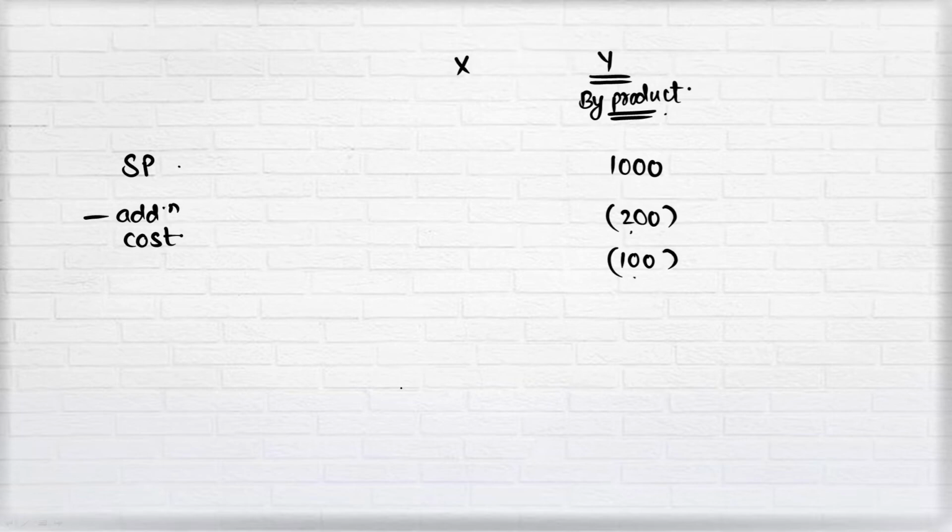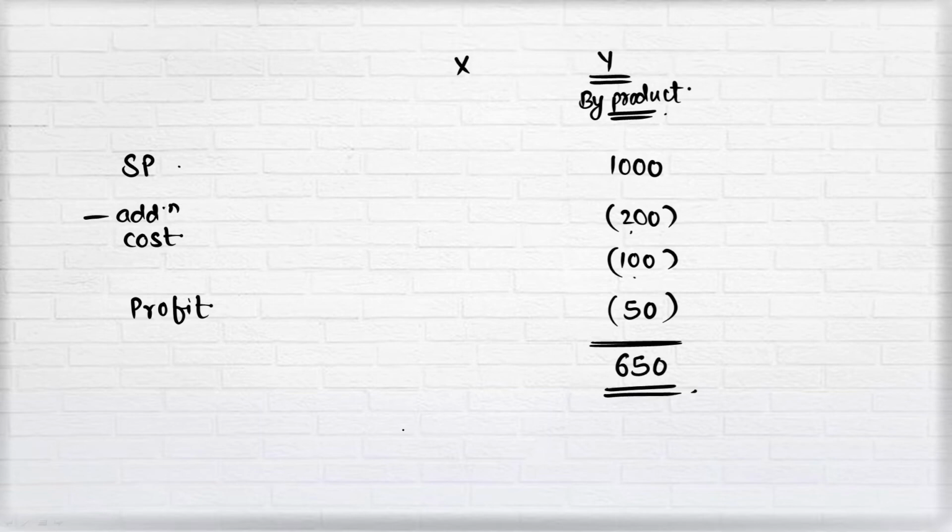You are even further processing your byproduct. Do you further process your waste? Yes. If it is profitable, you will further process your waste even. These are additional costs, and you are earning a profit of even rupees 50. So what is the total cost? 300. And what is the profit? 50. What is the remaining figure? It is 650.